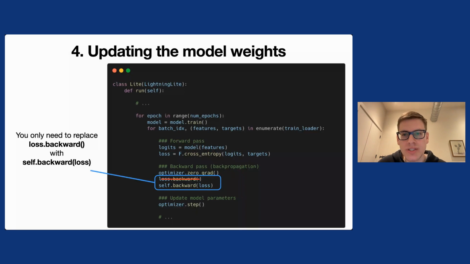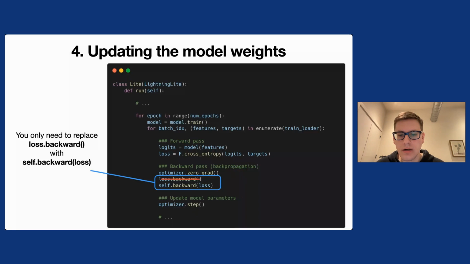And then once we compute the gradients, instead of doing loss.backward, we call self.backward and pass the loss inside. This way, we let LightningLite handle the backward computation. So everything works well on all the hardware, whatever hardware you're running on. Especially this is needed when running in parallel with multiple devices. And I'll show you how you can do that.